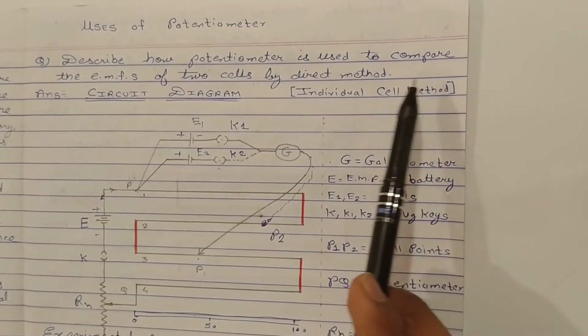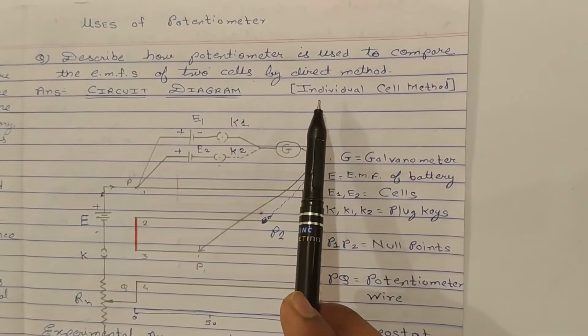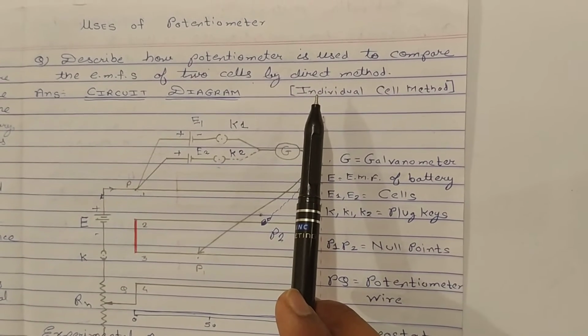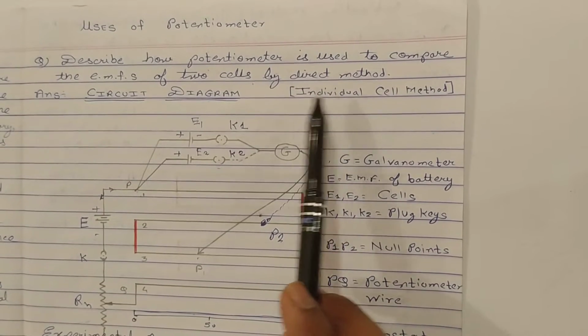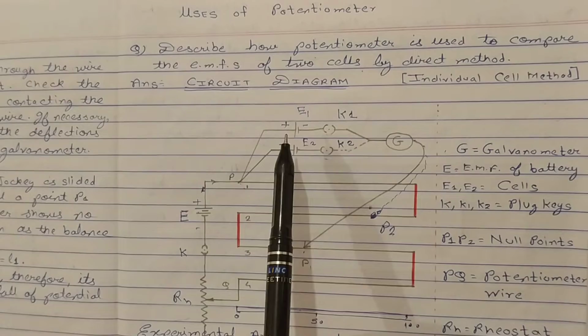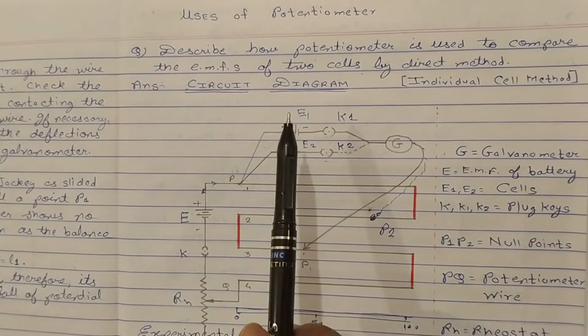Before understanding the working of direct method, first let us understand the circuit diagram of comparing EMF by direct method. So this is basic circuit diagram of potentiometer used to compare EMF of two cells.